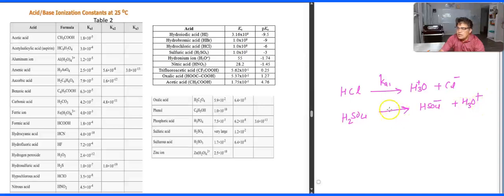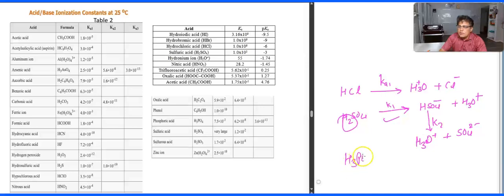This is K1. But this HSO4 minus can further dissociate to H3O plus and SO4 2 minus. This is K2. There are two Ks. The first hydrogen dissociates, first dissociation constant. Then the second one also dissociates, second dissociation constant. That's why the number of protons equals the number of dissociation constants.